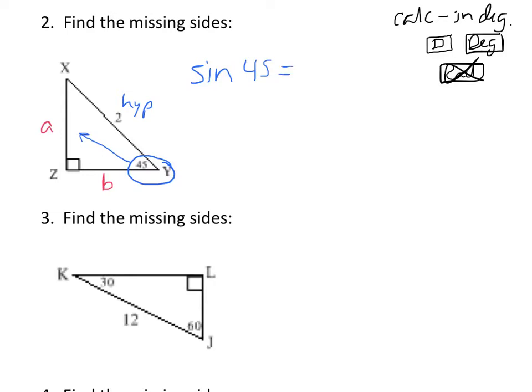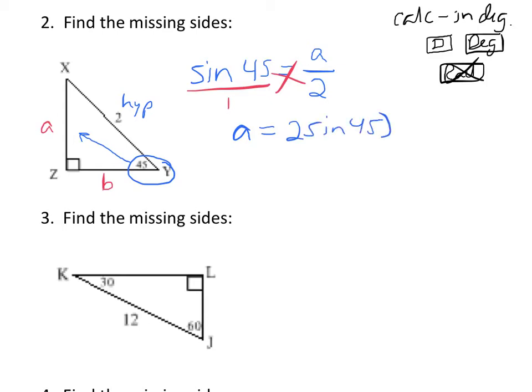That is equal to opposite, which would be side A, over hypotenuse, which is 2. Now we're going to make this a proportion and solve that way. If we cross multiply, we get A equals 2 times sine 45.